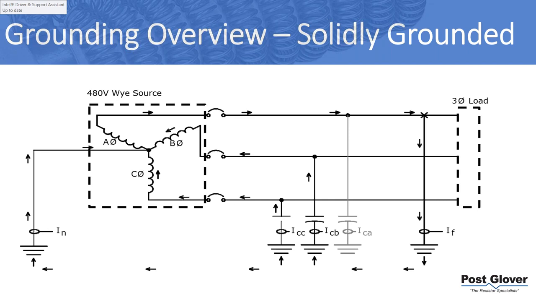So solidly grounded systems is the exact opposite idea, right? You're looking at a similar picture here, except instead of this three-phase three-wire system, now we have a three-phase four-wire system. So we can say a delta versus a Y. This is a Y. And so we have a bare copper wire, usually almost always very low impedance.